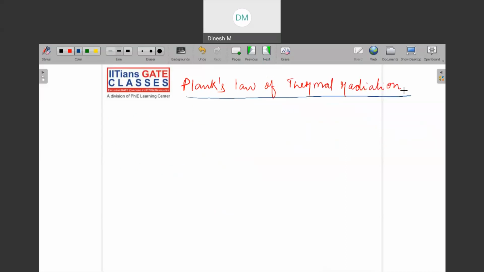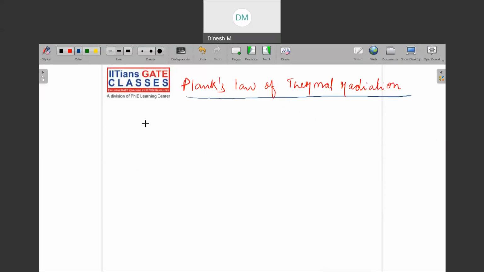This law says that the monochromatic emissive power of a black body depends on both the absolute temperature of the black body and the wavelength of the energy emitted by the body.